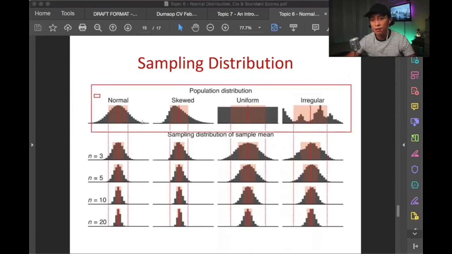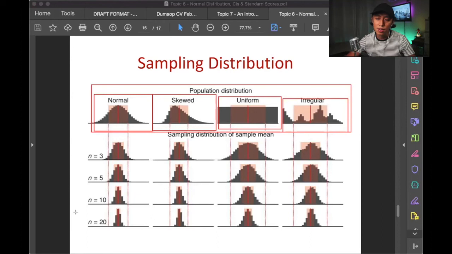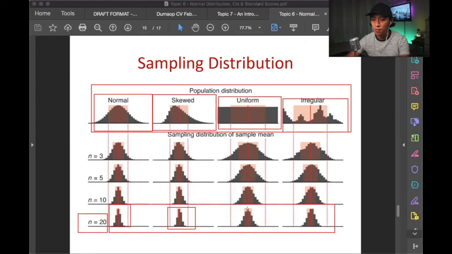So kanina sabi ko, regardless of the shape of the population, so you can see here, iba-ibang shape, even if your population is normally distributed, your population is skewed, your population has a uniform distribution, an irregular distribution, for as long as you have a large enough sample size, you will notice that the sampling distribution remains to be normal, or at least close to normal.